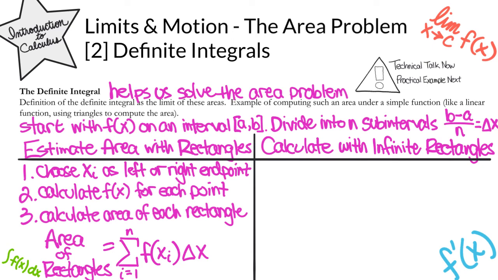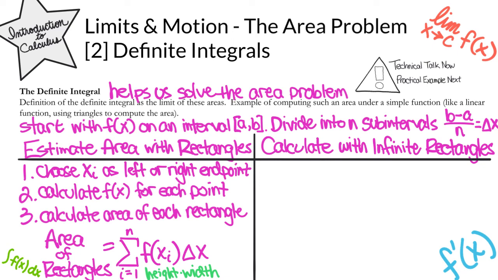So the delta x we defined earlier, that's just the width of each subinterval, which is really the width of the rectangles. And then if we plug in those x values that we chose, those are basically the bottom left and the bottom right endpoints of the rectangle, or the vertices. So we plug those values in to get the height of all of the rectangles. So we're adding up all of the areas of each individual rectangle.